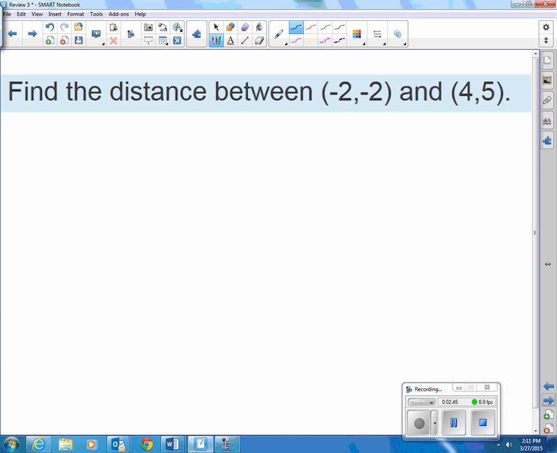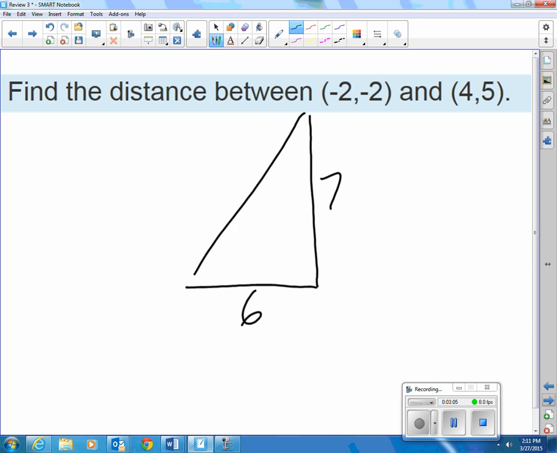Find the distance between (-2, -2) and (4, 5). So just looking in the x direction, from -2 to 4 is a distance of 6. From -2 to 5 in the y direction is a distance of 7. So that distance between those two would be 6 squared plus 7 squared, 36 plus 49.